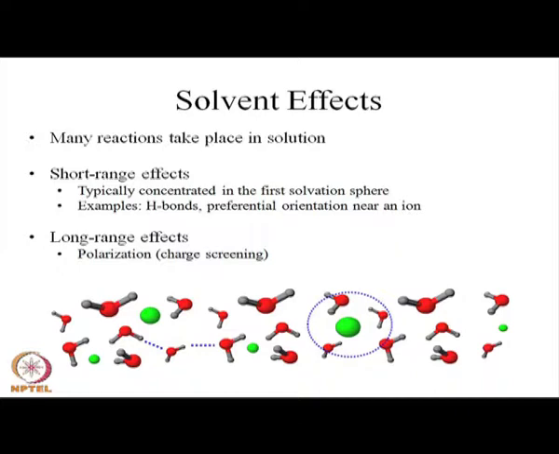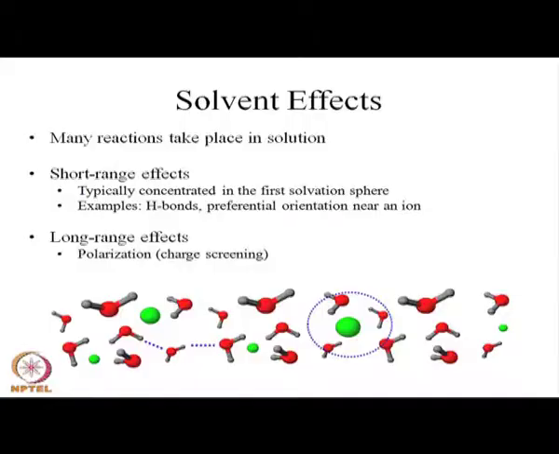Now, what is the role of solvent? The role of solvent is that short range effects are typically concentrated in the first solvation sphere, that is the sphere which is close to the solute. Examples could be hydrogen bonds, preferential orientation near an ion like this.